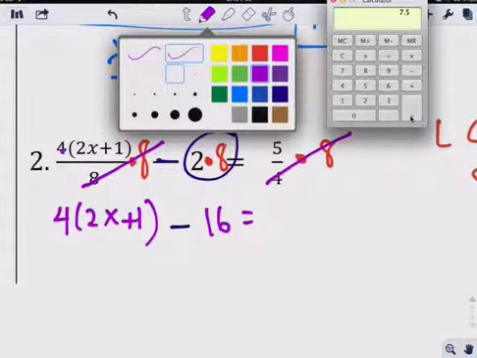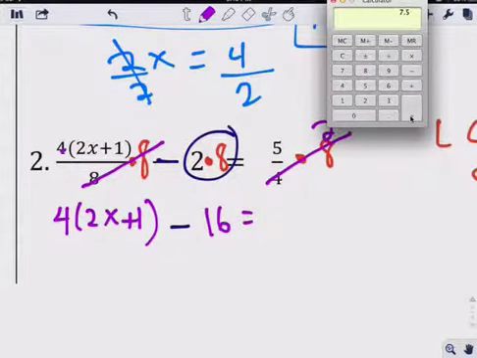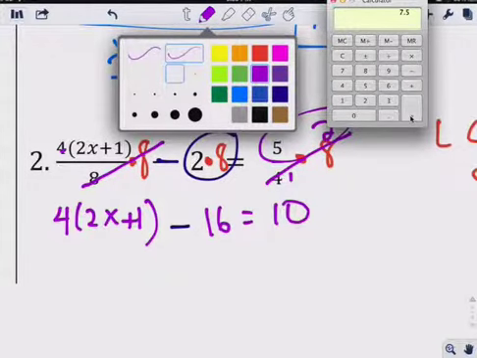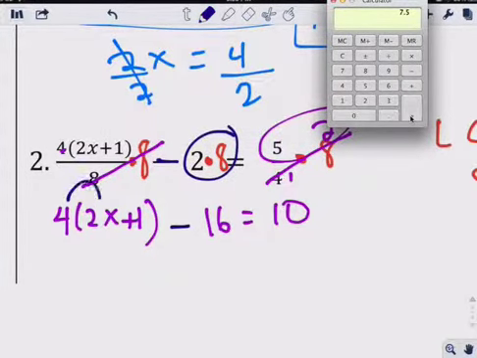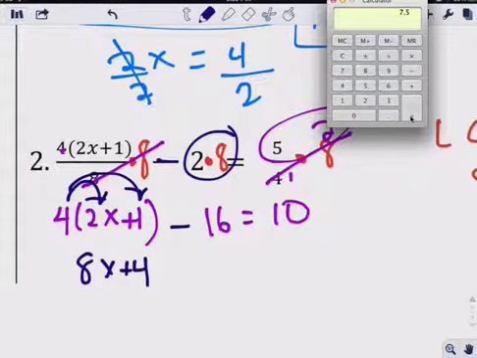Equals, cross cancel here. That gets you 2. 2 times 5, that's a 1, stays a 1. 2 times 5 is 10. We distribute next. Distribute this to this. That's 8x. This to this, plus 4 minus 16 equals 10.